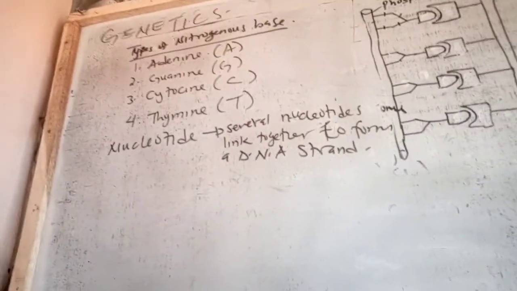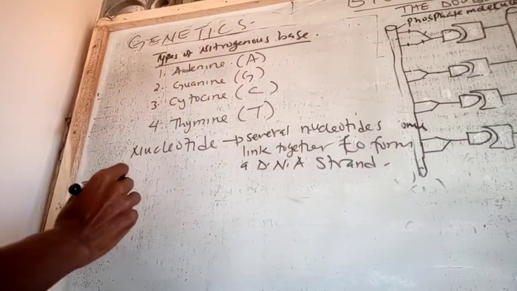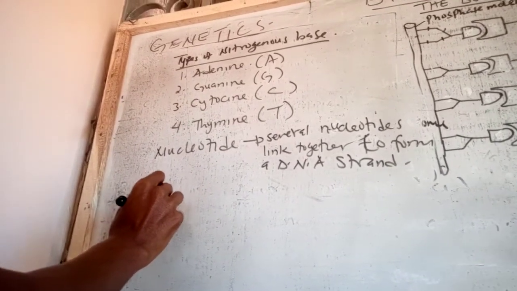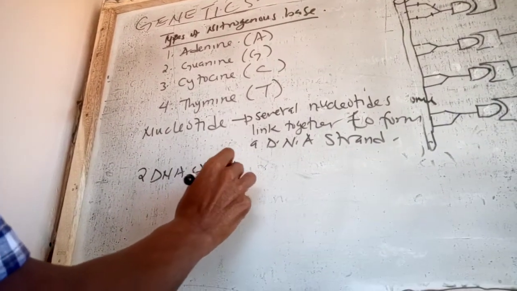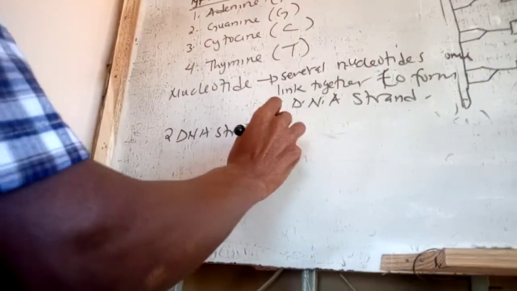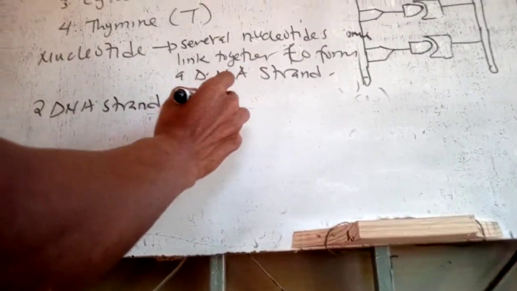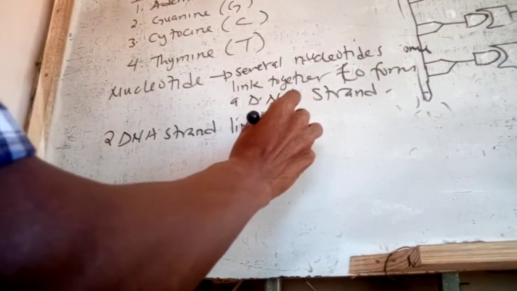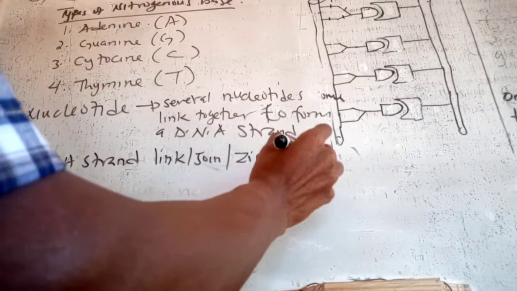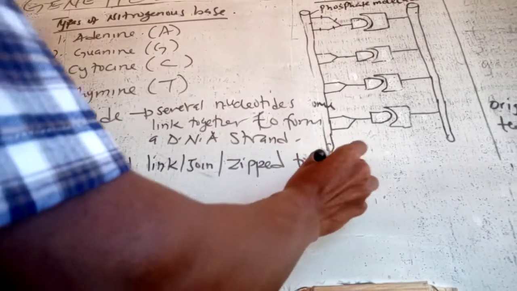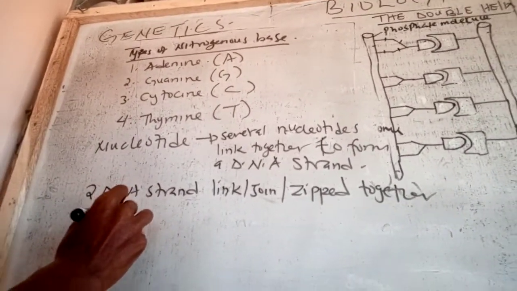And after the DNA strands are formed, 2 DNA strands link, or we can say join or zip. They normally join or zip together to form a molecule called a double helix.